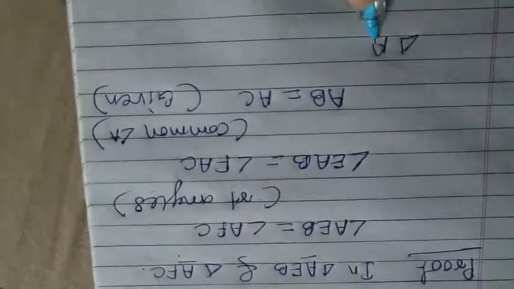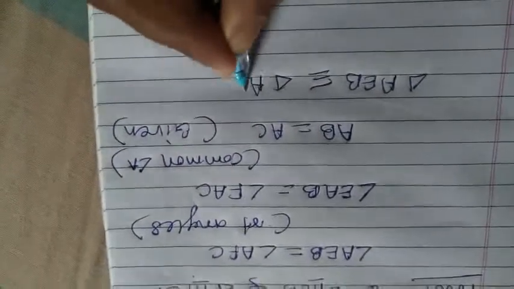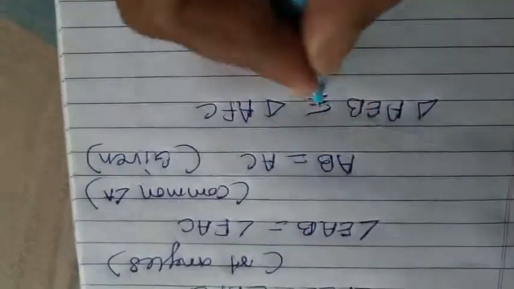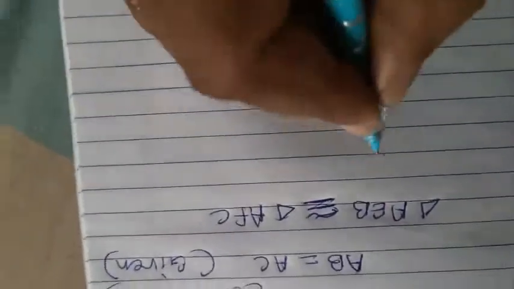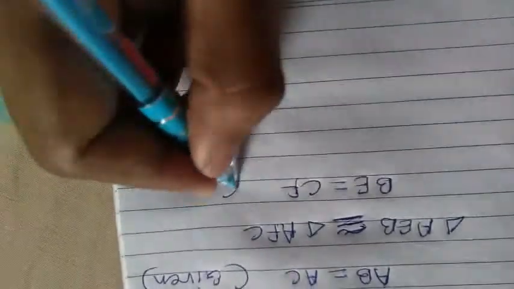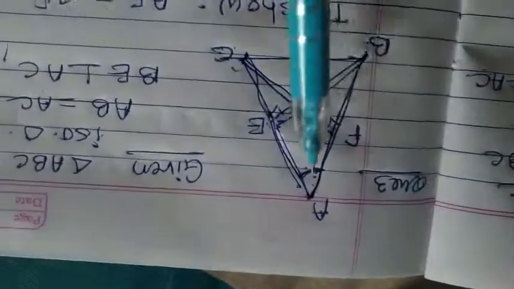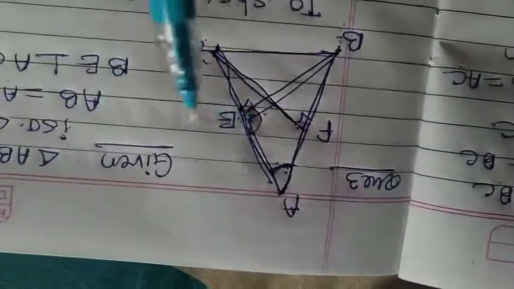Means triangle AEB is congruent to triangle AFC. Both the triangles are congruent, and in simplicity we can write corresponding parts: the corresponding parts BE is equal to CF. Which is the criteria?